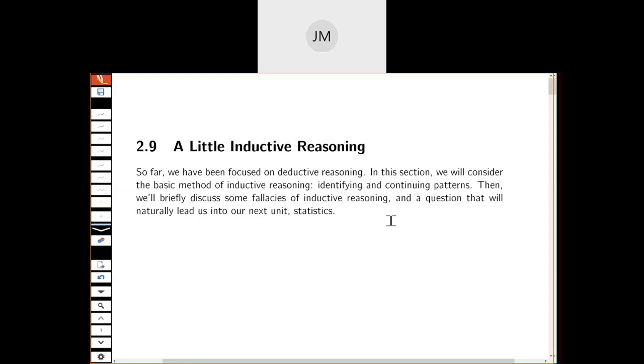So what we're going to be doing in this section is looking at inductive reasoning. Okay, and the basics for inductive reasoning are identifying patterns. You can expand on that a lot and have a very detailed process.